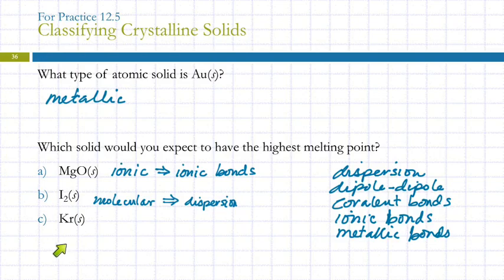This is an element that's atomic, because the formula is just Kr. It doesn't form molecules. It's just individual atoms. So this is an atomic solid. And what's holding those atoms together? The only force of attraction between atoms is dispersion forces.